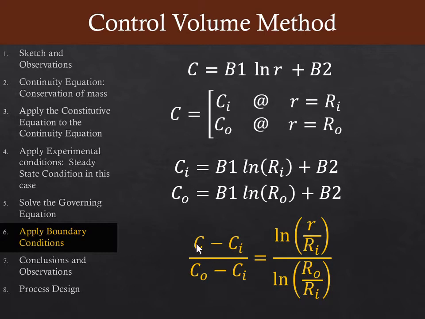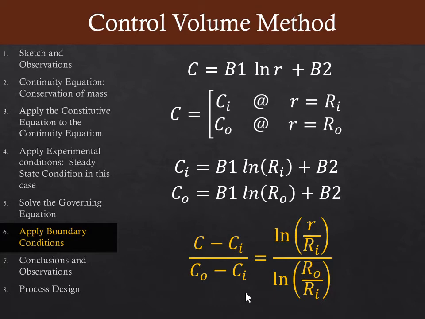And so we've got the concentration as a function of the radius r, right? And everything else in here is a constant. So if we wanted to plot this, we're going to need to move Co minus Ci back over to this side, and then add this back over to this side, and then we can plot concentration versus position r.